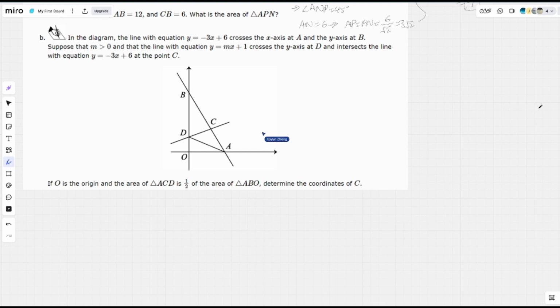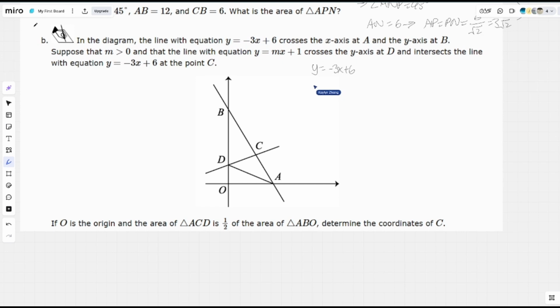So first we can look at the line y is equal to negative 3x plus 6. So the y-intercept is B, so B is equal to the y-intercept. So that is when the x value is 0.